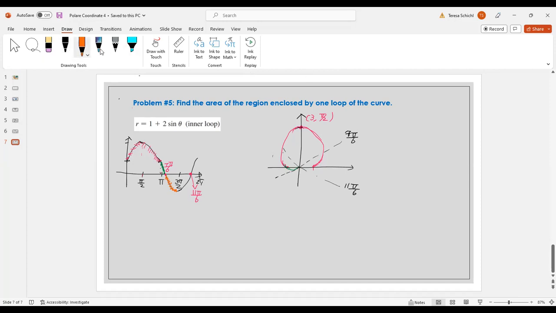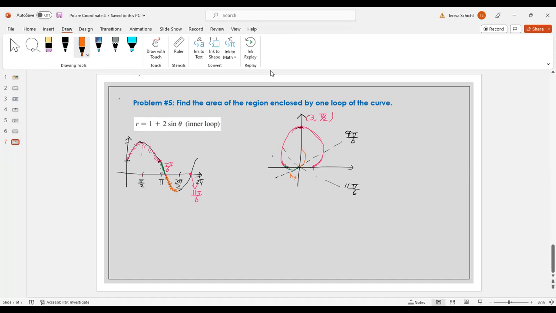Now take a look here. When you are in these regions, because it's negative, what do we do? We flip back, right? This one flips back to here, and this one flips back to here.